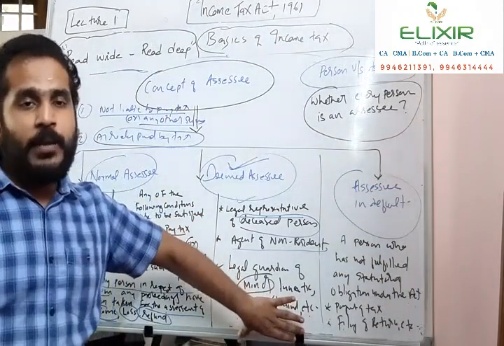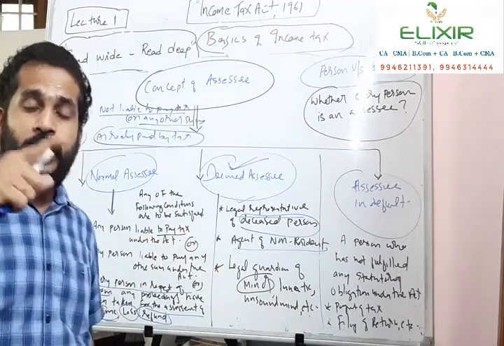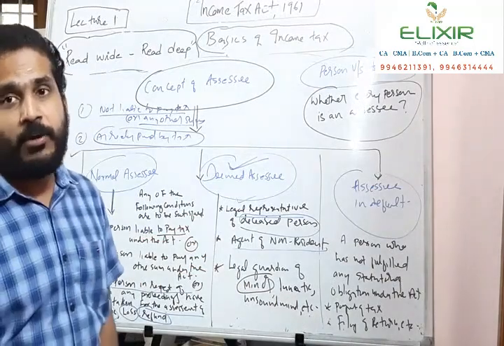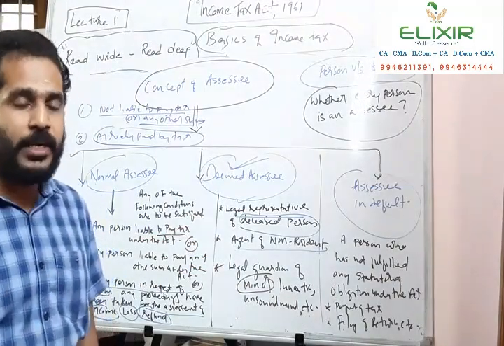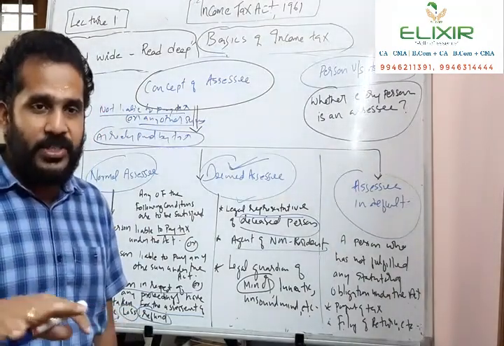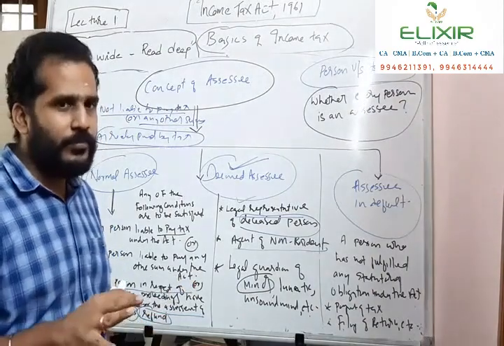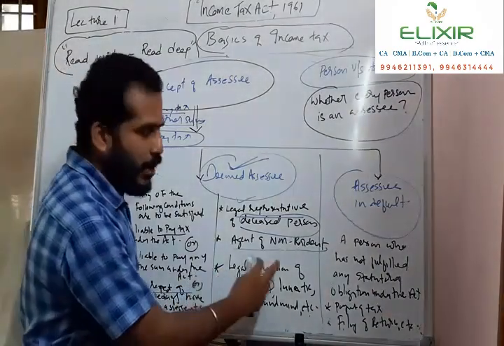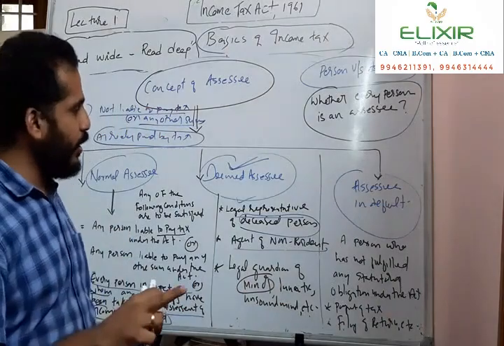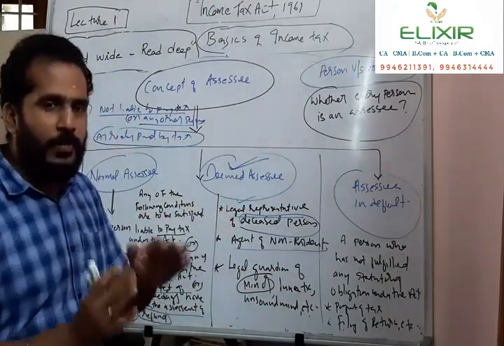I explained about the person, and the person includes individual. The individual may include a person of unsound mind, and if that person who is in the status of unsound mind earns income, it will be taxed in the name of his legal guardian, and the legal guardian becomes the deemed assessee. So this is the concept of deemed assessee.